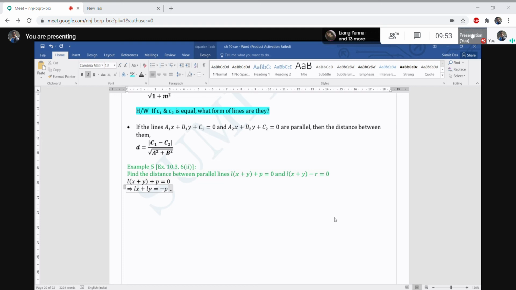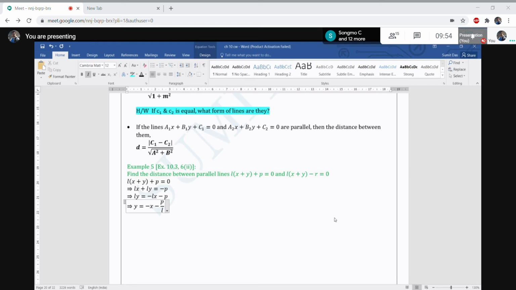I'm taking the p to the right side. Then I write ly equal to minus lx minus p. If I divide both sides by l, it will be y equals minus x, then minus p by l.